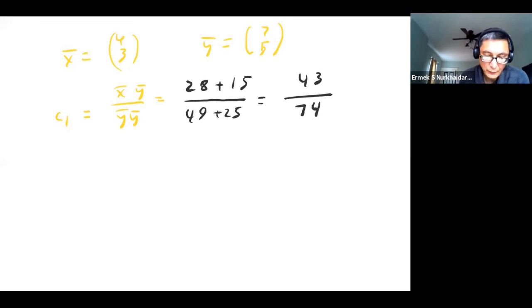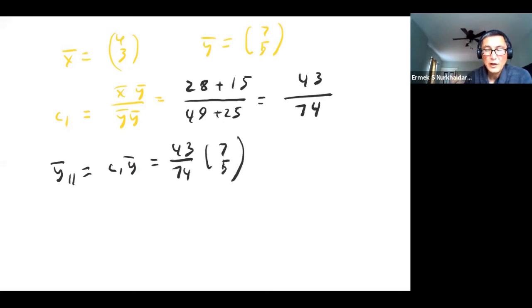So that's what c1 is. And then we can find what y parallel is. Y parallel is c1 times y, which is 43 over 74 times (7, 5).